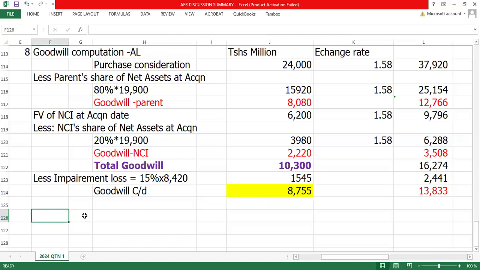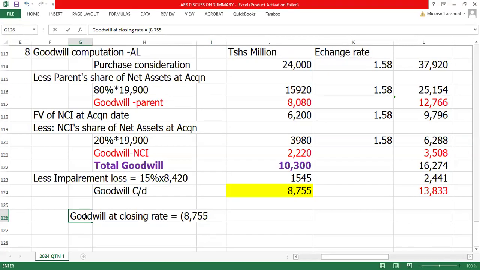So it means that now goodwill at closing rate is equal to the 8755, the 7855, then times 1.56.